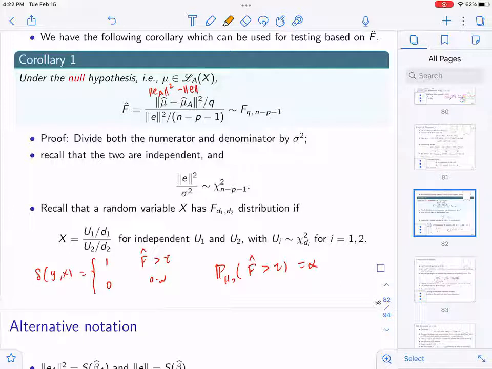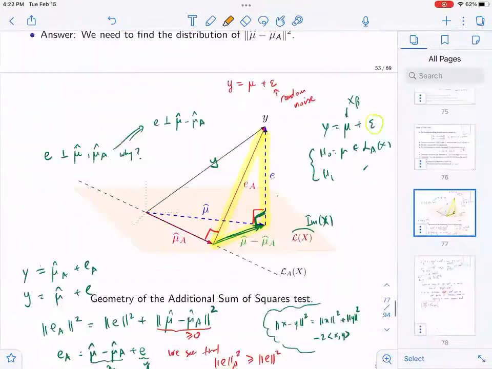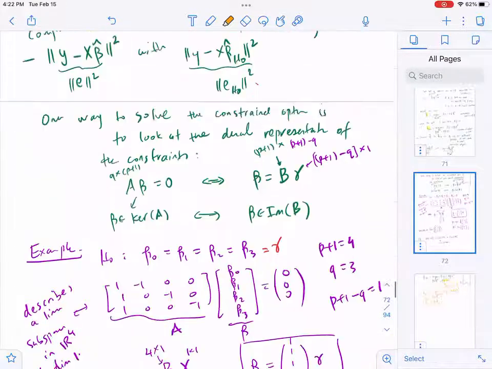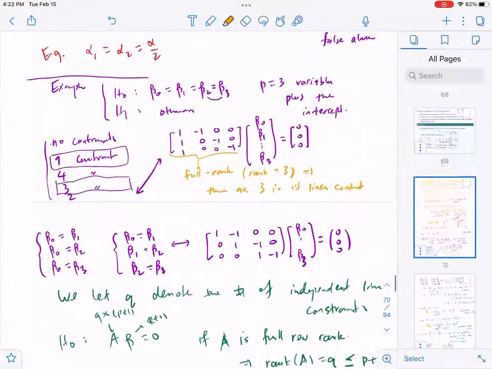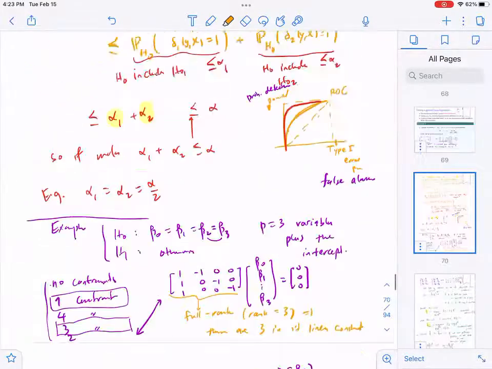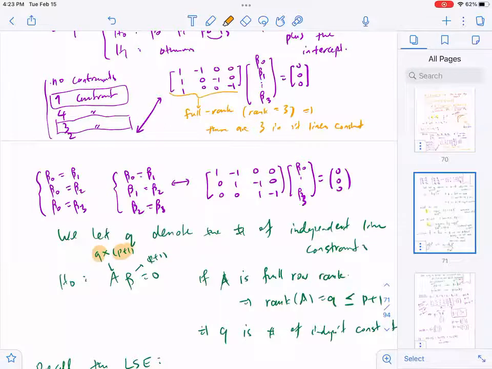Can you speak up a little bit? Q is the number. Yeah. So anyone remembers what Q was? So the number of independent constraints, if you recall. Q is like the number of rows here. So this is a matrix Q by P plus 1.